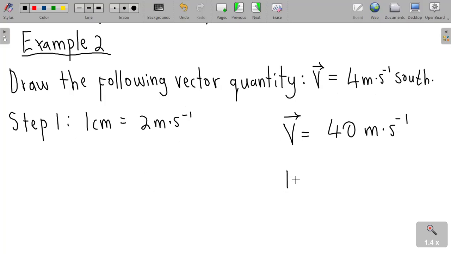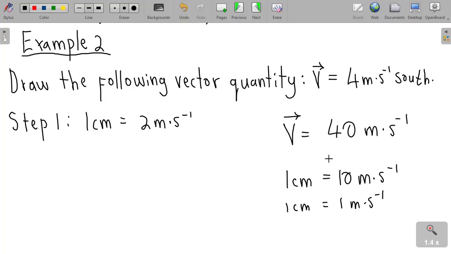You would say, for example, 1 centimeter equals 10 meters per second, such that the whole thing becomes 4 centimeters. It's not reasonable to say 1 centimeter equals 1 meter per second, because then it becomes 40 centimeters, which is bigger than some rulers, and it will be difficult to fit into the page.